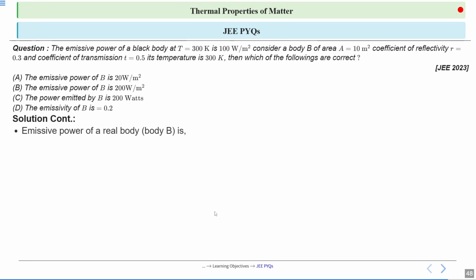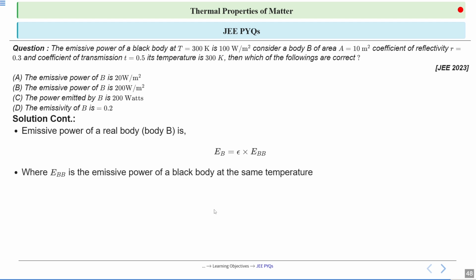Now, the emissive power of a real body, body B, is E_B equal to e into E_BB, where E_BB is the emissive power of the black body at the same temperature. So it will be 0.2 into 100 watt per meter square. So you will get 20 watt per meter square. So the emissive power of a real body is 20 watt per meter square.